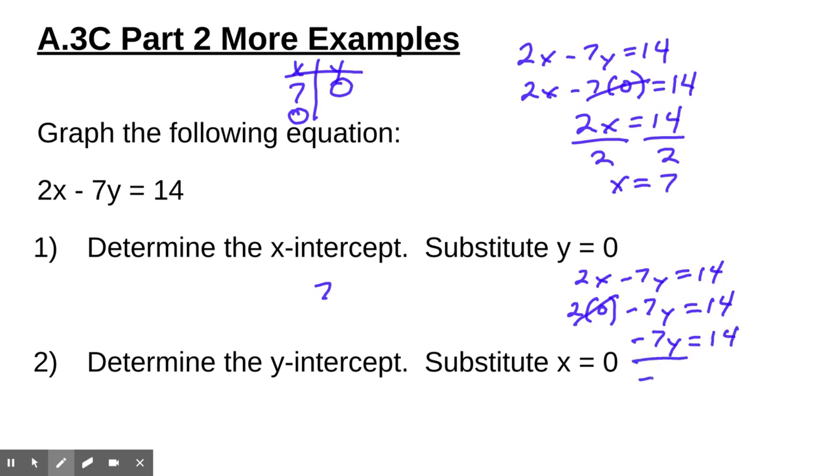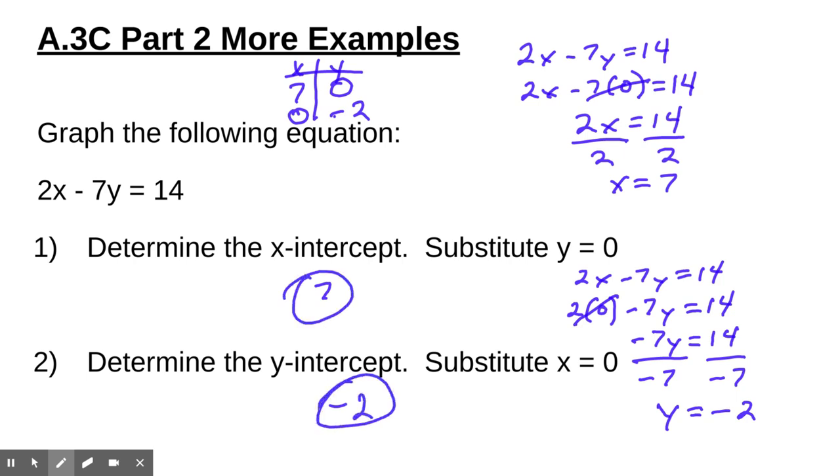I'm going to divide both sides by negative 7, by whatever's next to the variable, so I can get a positive y equals negative 2. So we know the y-intercept is negative 2. So let's remember those points and go to the next page.